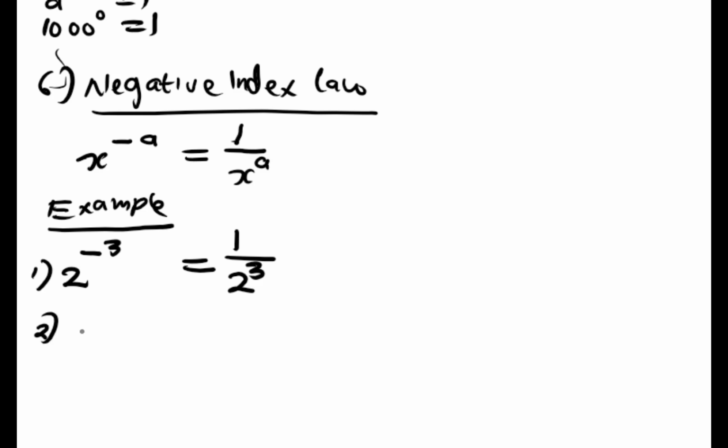If you have x raised to the power of minus 4, this is the same as 1 over x raised to the power of 4. So anything raised to the power of minus is the reciprocal of that particular thing. When I talk about reciprocal, it means 1 over.